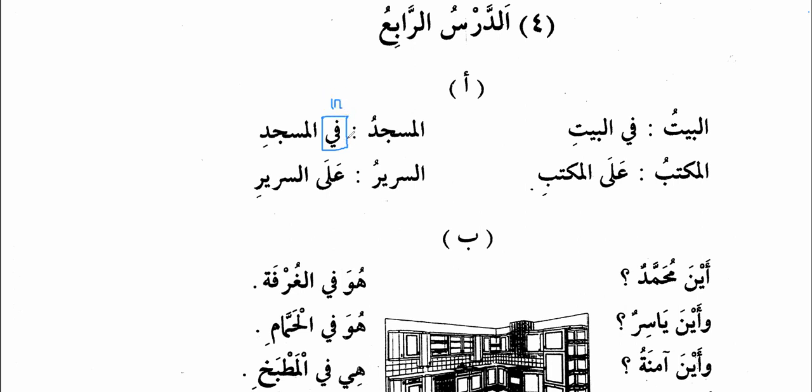The four types of harf jar that you will be learning in this lesson are fi, ala, ila, and min. So these are the most common harf jar used in this lesson.